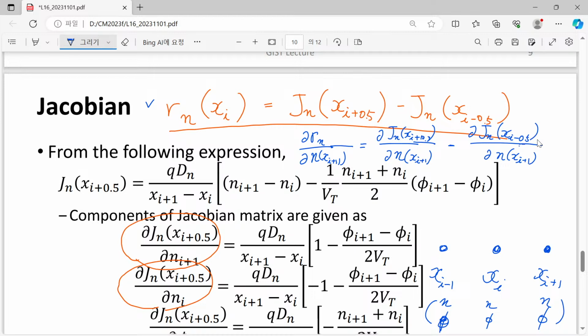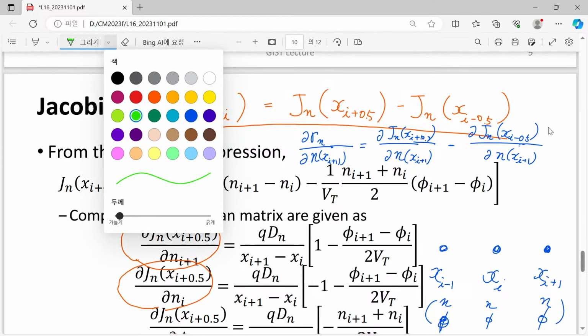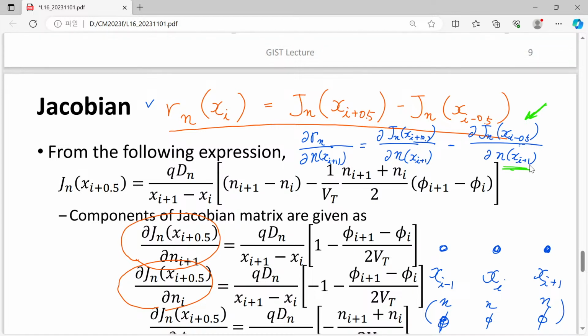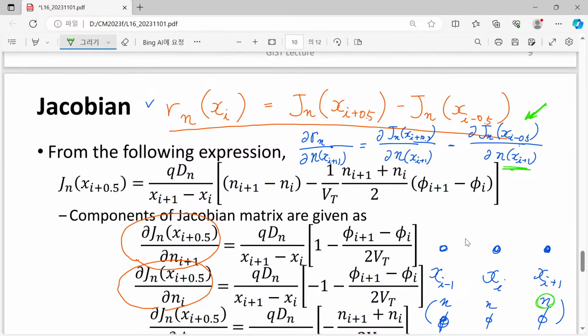But fortunately, this guy has no dependence on this positive or upper point density. We are now talking about this quantity, and we are now talking about the current at this position. Are they related or not? They are not related.